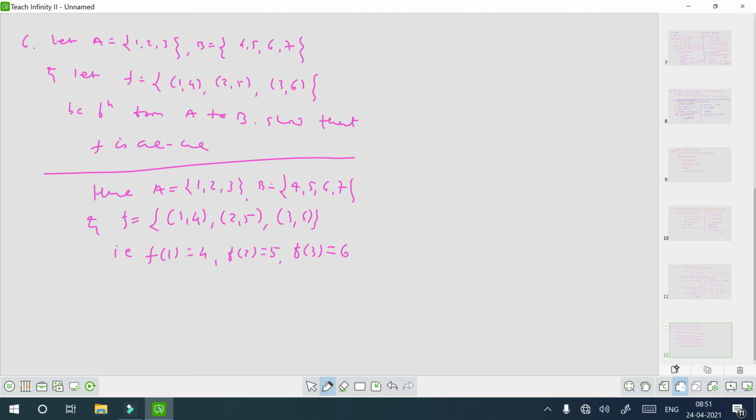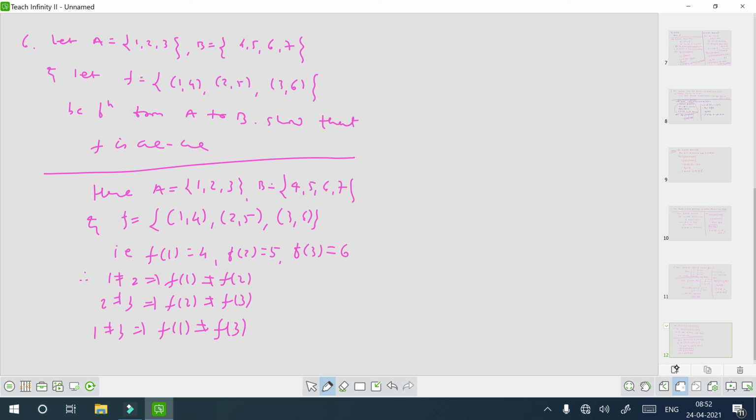1 not equal to 2 implies f of 1 not equal to f of 2, and 2 not equal to 3 implies f of 2 not equal to f of 3. 1 not equal to 3 implies f of 1 not equal to f of 3.